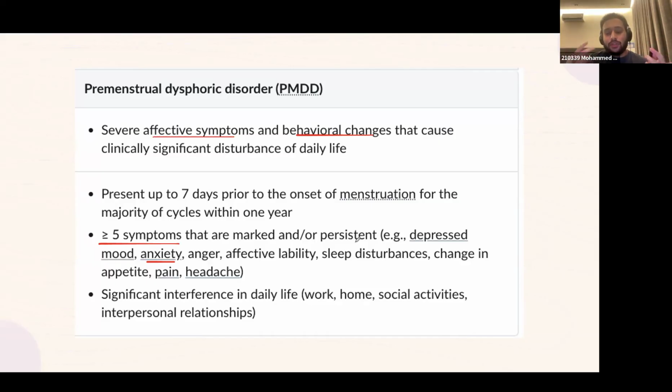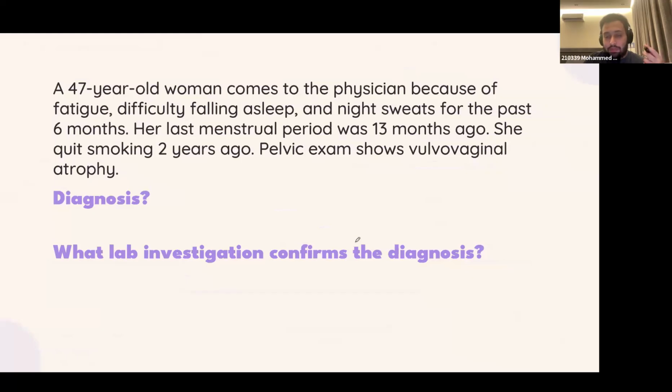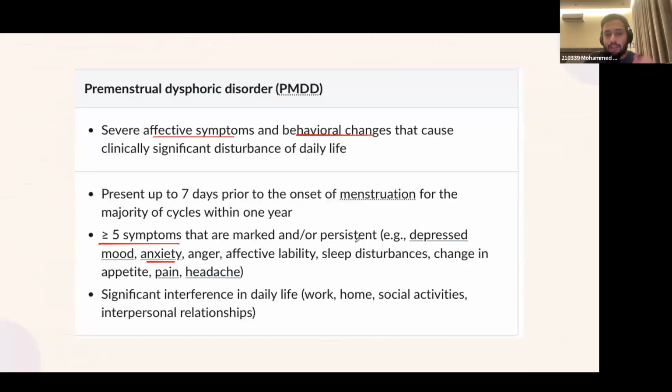If you were to give drugs, what 2 drugs can you give? So you can give either SSRIs, or you can give OCPs, okay? So these are basically the drugs that you give for PMDD, and that's all you need to know for PMDD. And you can skip the whole lecture from these 2 slides, okay?